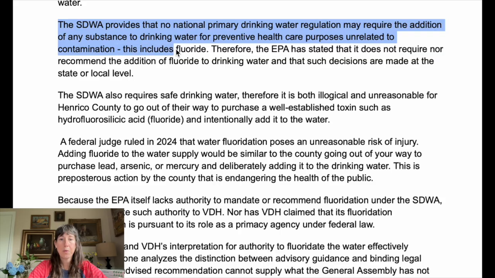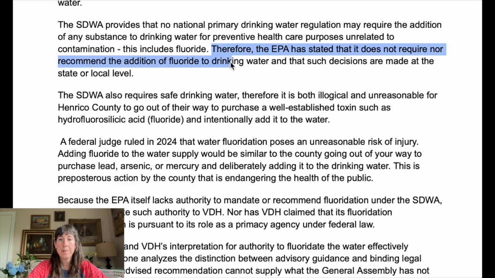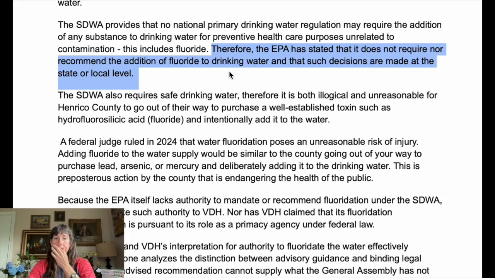This includes fluoride. Therefore, the EPA has stated that it does not require nor recommend the addition of fluoride to drinking water, and that such decisions are made at the state or local level.